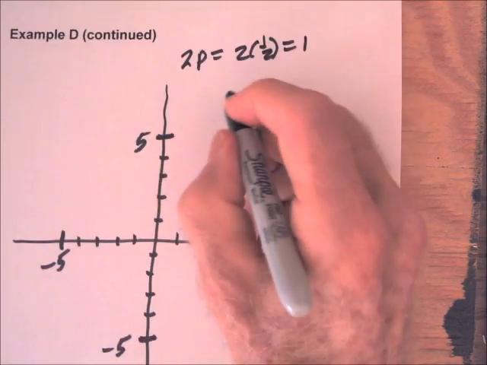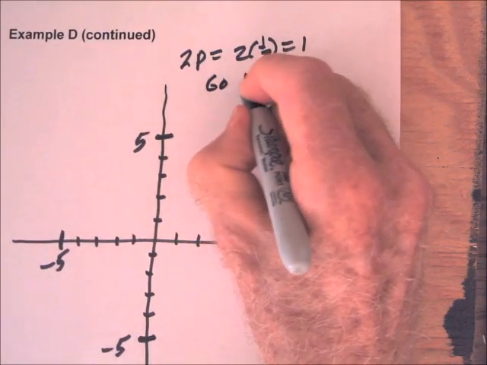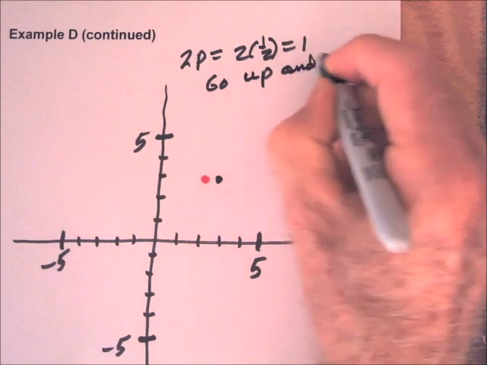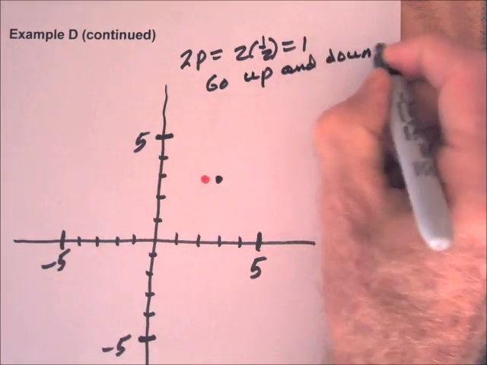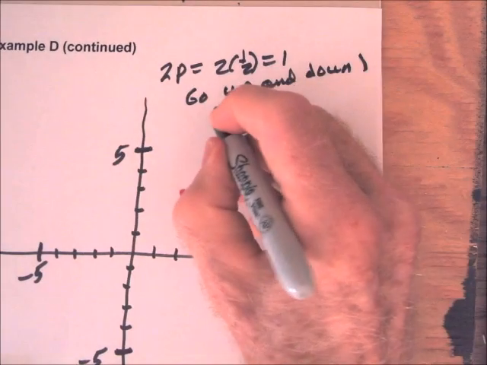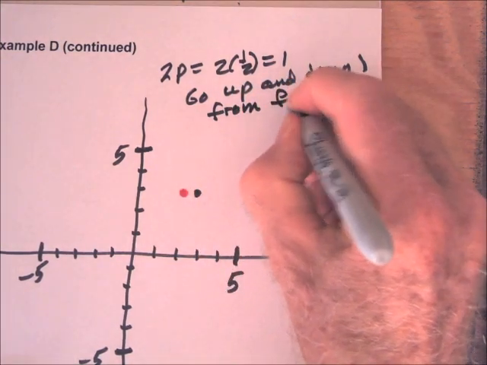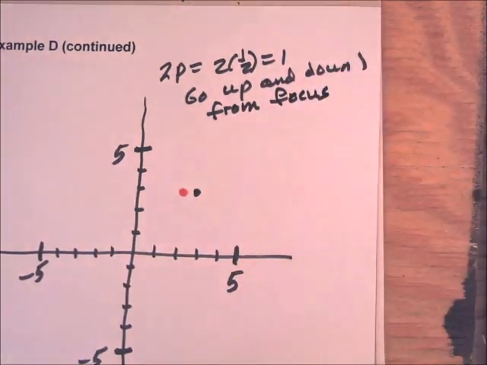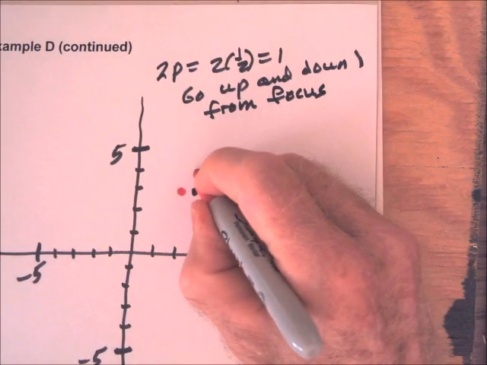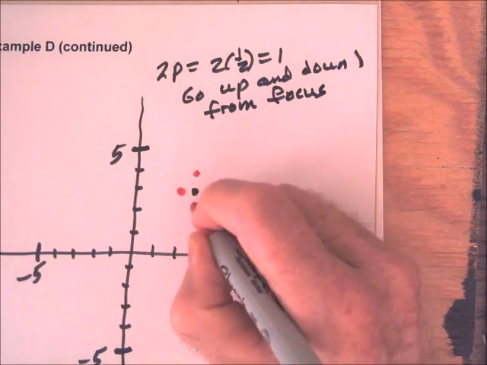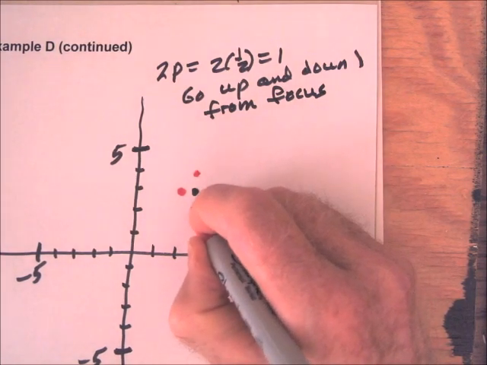Go up and down 1 from the focus. And that'll give us 2 additional points. So if we go up 1 and down 1, we get 2 additional points.